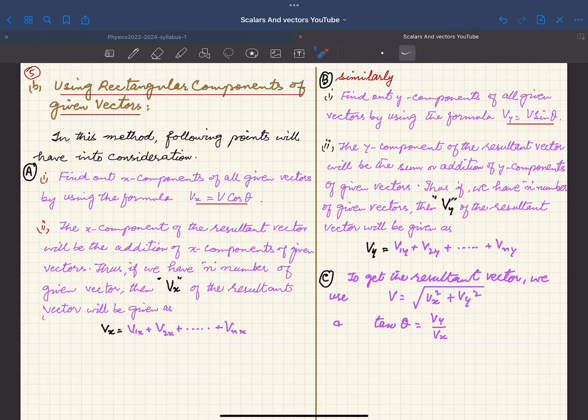In this case, what will happen? Suppose you have two vectors.